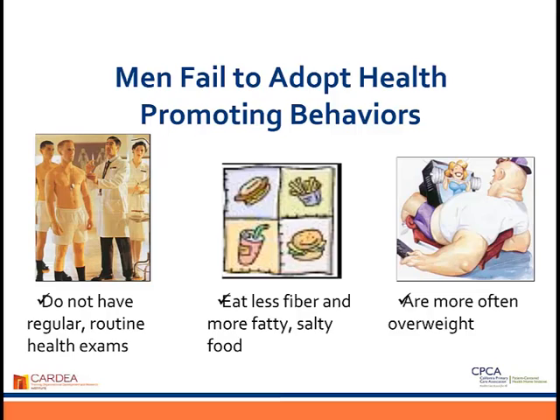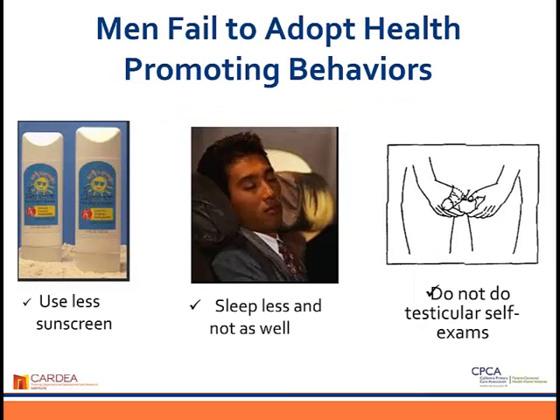Compared to women, men do not have regular routine health exams, men eat less fiber and more fatty, salty foods, and men are more often overweight. Men use less sunscreen, sleep less and not as well, and do not practice testicular self-exams.